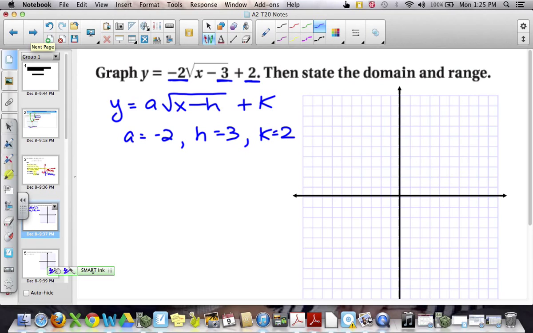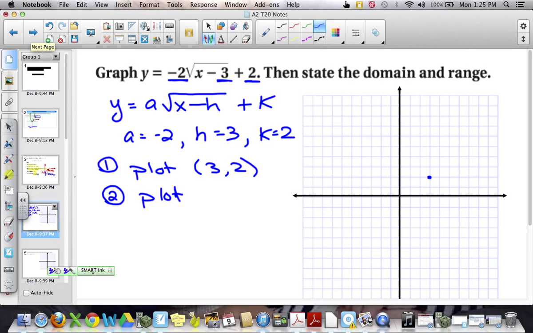All right, so our first step is to plot hk, which will be 3, 2. So if we go 3 to the right and up 2, here's our hk. The second step then is to plot h plus 1.